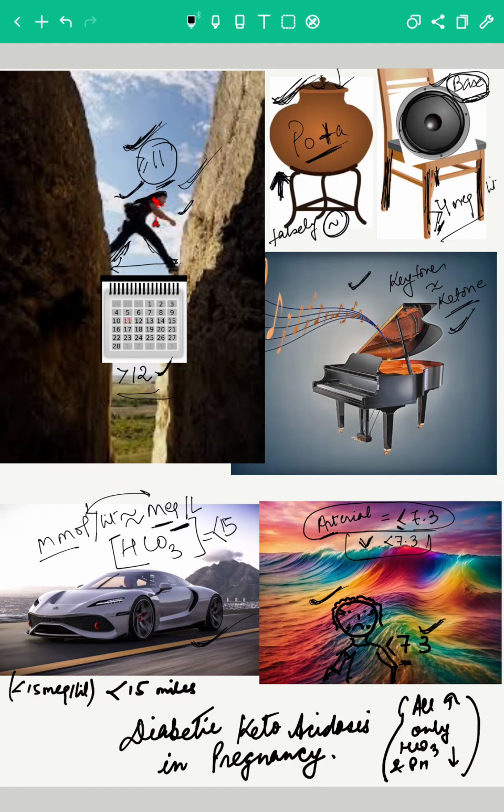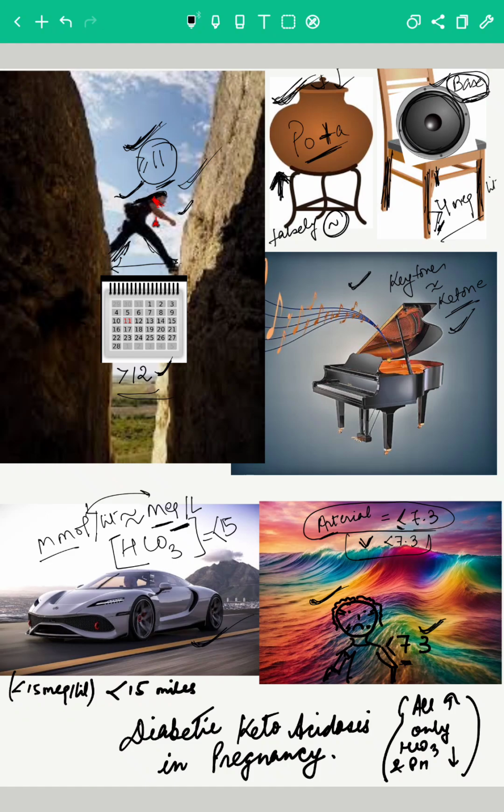And after doing so much, this lady who is already diabetic has polydipsia, so she goes to the pot, which stands for potassium, kept on an elevated tripod. That means potassium is mostly elevated or at times can be falsely normal, and she's very fond of bass and music. The bass system is kept on the chair which has 4 legs. That means the base deficit in this case, because it's acidosis, has to be more.